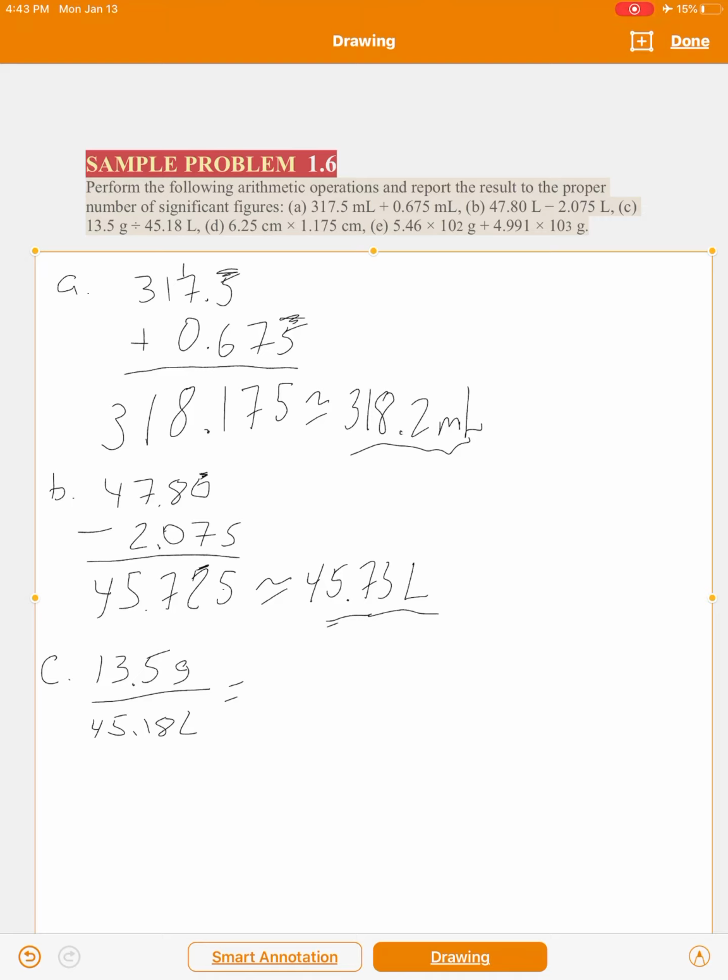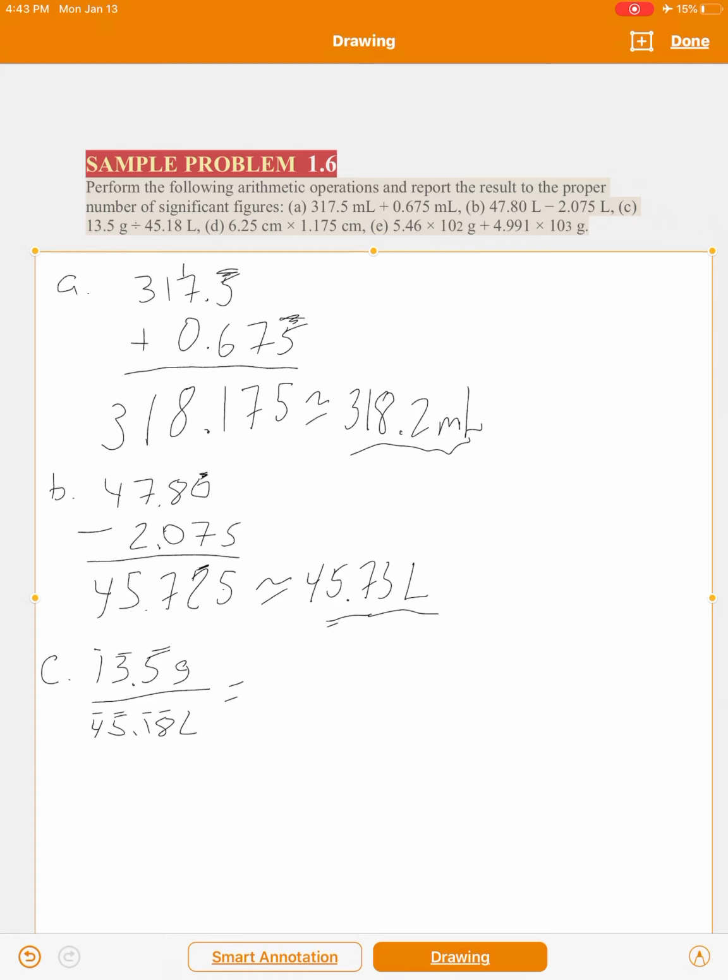All you need to do is count the number of sig figs in each of the measurements and then pick the smaller number for your answer. So this numerator has 3 sig figs, 1, 2, 3, or sig digits if you're using the terminology in ALEKS. 4 in the one on the bottom, the denominator. So you pick the fewer number of sig figs. That's 3, so our answer is going to have 3.